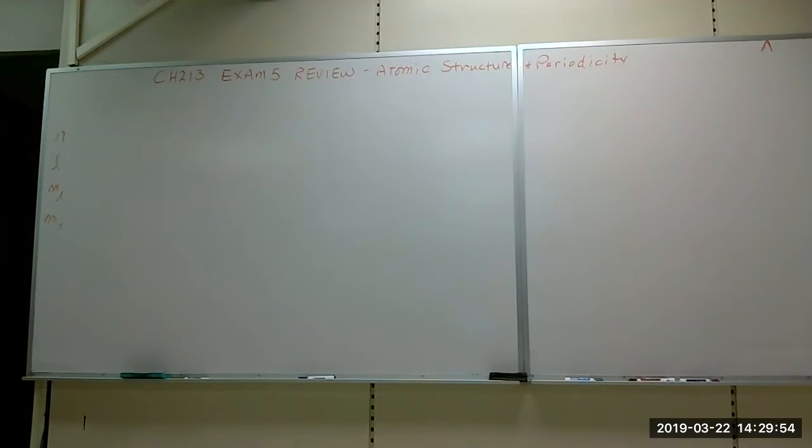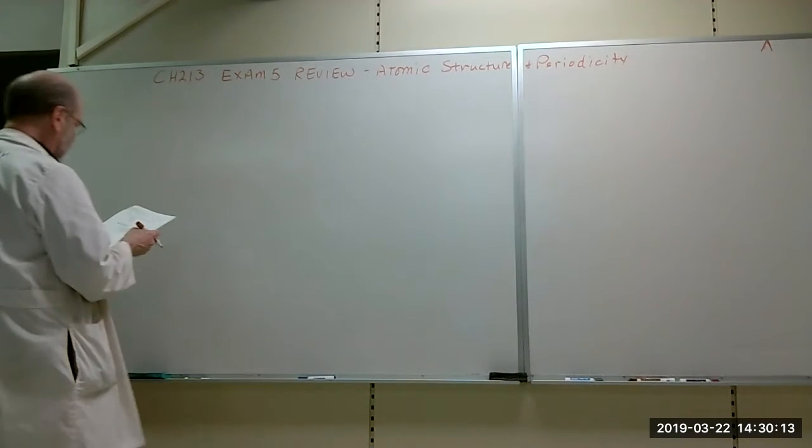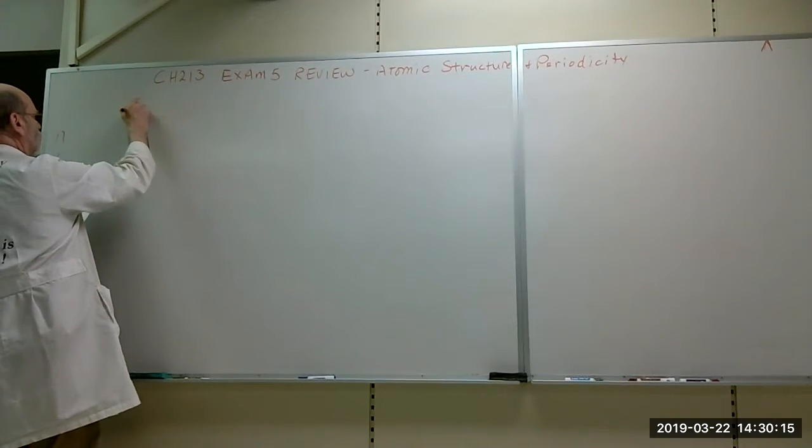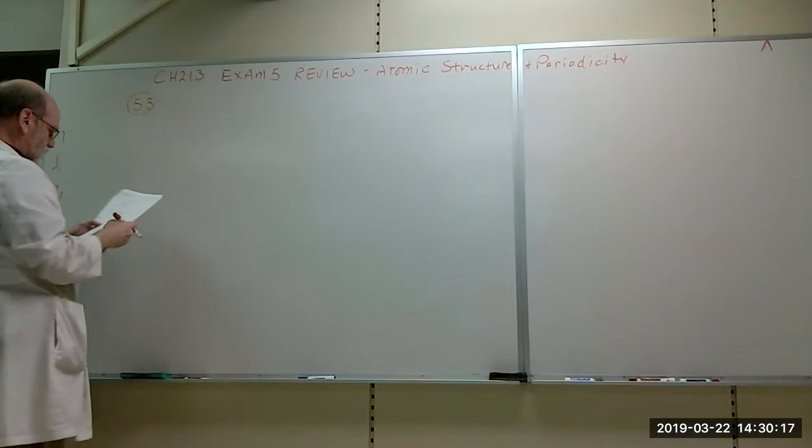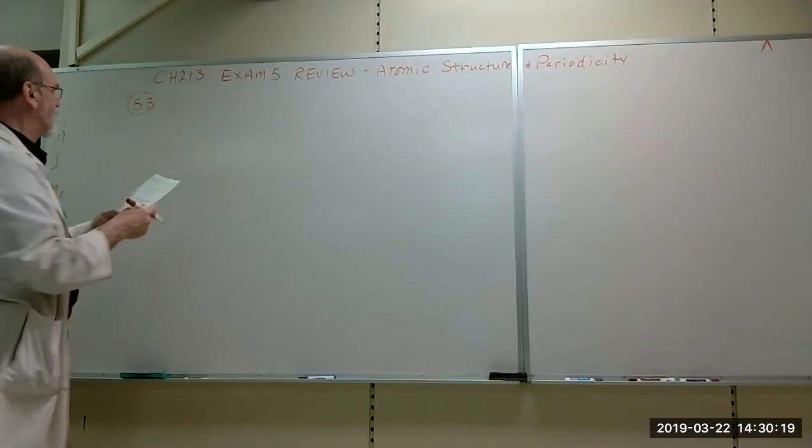We're doing 52, 54. 53, yeah. 54, okay. Oh, okay. 53, so we're working from that diagram to decide which one is ground state nitrogen.